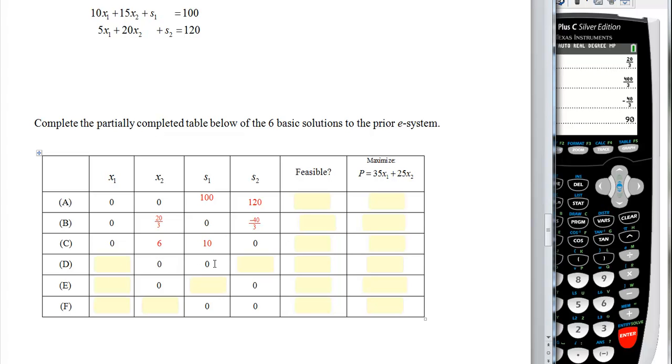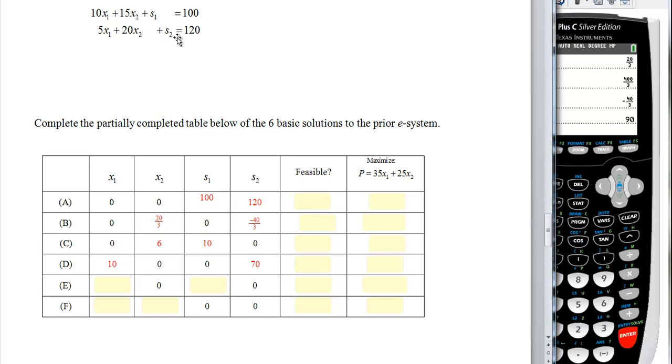X sub 2, S sub 1, first one. Divide by 10, so this should be 10. Put 10 in here, so we can find out what S sub 2 is. So 10 in here, that would be 50. Subtract that from both sides. 70.